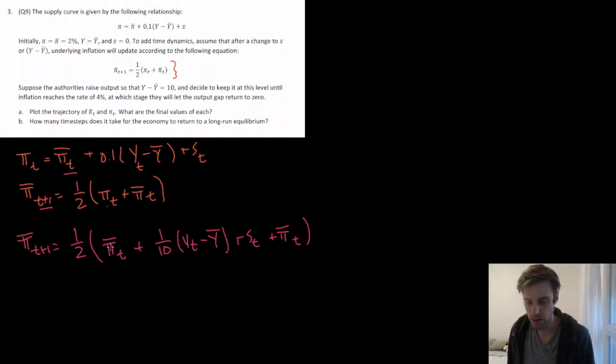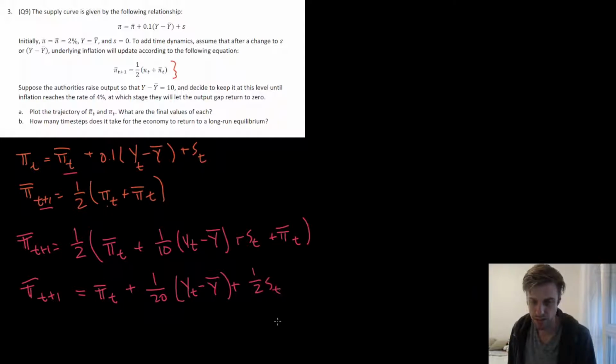And so we have a 1 here and 1 here. We'll put them together as 2, and then we multiply by half is 1. So we'll end up with pi bar t plus 1 is equal to pi bar t plus 1/2 times a 10th is a 20th, 1/20th yt minus y bar plus 1/2 st. So this is our update rule.